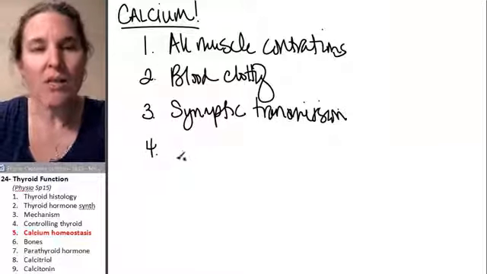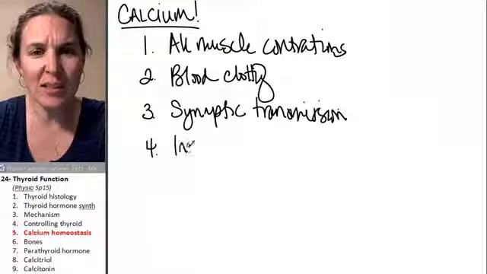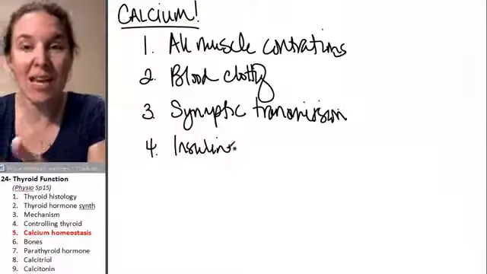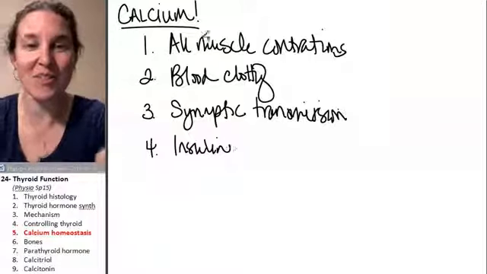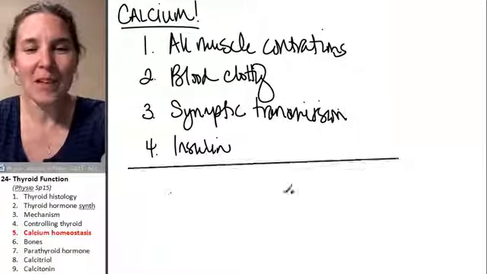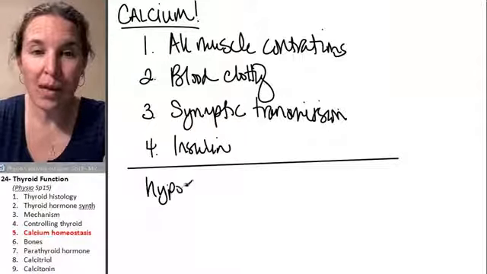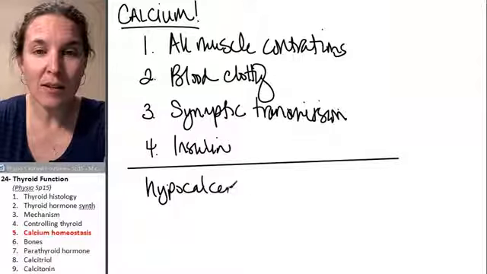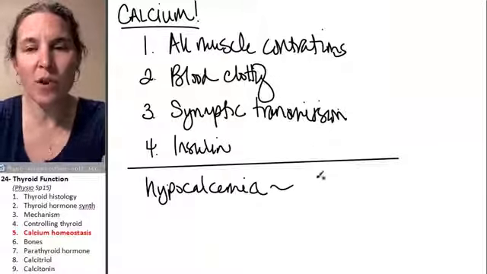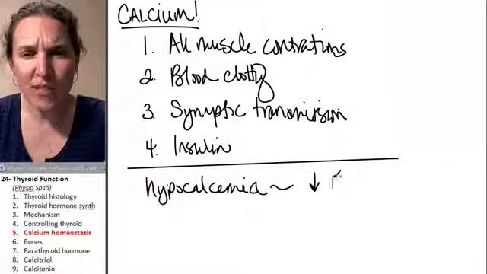Calcium is involved in, we just looked at it, insulin production and insulin release. The calcium caused the exocytosis of insulin. And if you have low calcium, hypocalcemia, low calcium resulted in a depressed nervous system.